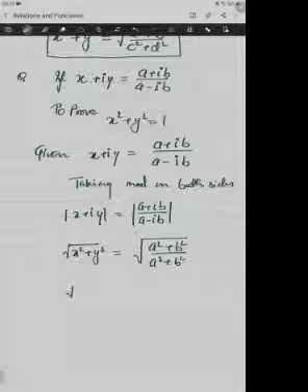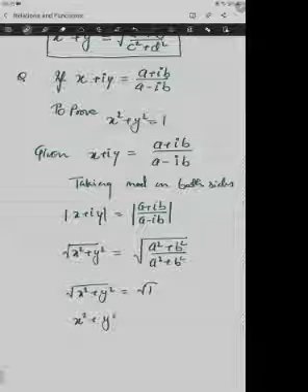Now see, under root x square plus y square equals under root 1, x square plus y square equals 1.